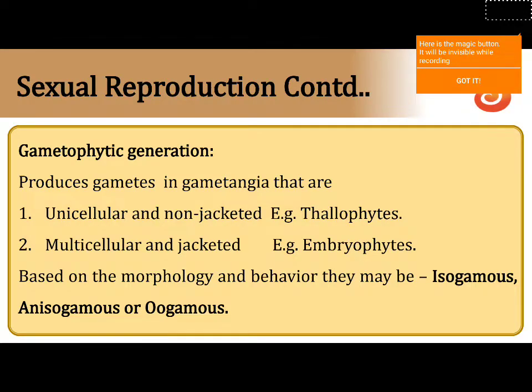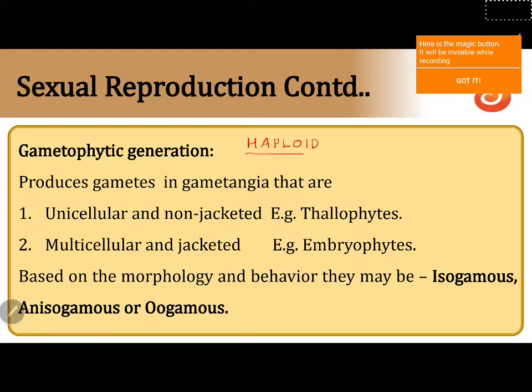Yeah, so as you saw in the previous slide, we have two stages in the life cycle of a plant, that is gametophytic and sporophytic. So one fundamental here is that the gametophytic generation is always haploid, if it is dominant like in bryophytes, or if it is confined to pollen grain and embryo sac in angiosperms.